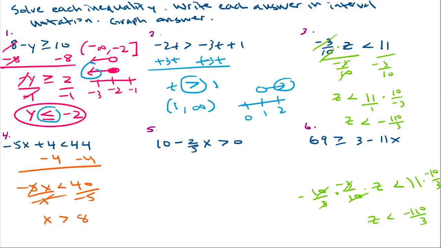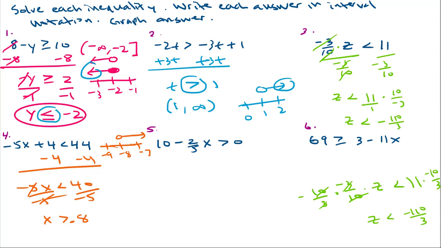For the graph, we have -9, -8, and -7. The arrow's pointing to the right, so I'm going to go to the right, and that will be your answer there.